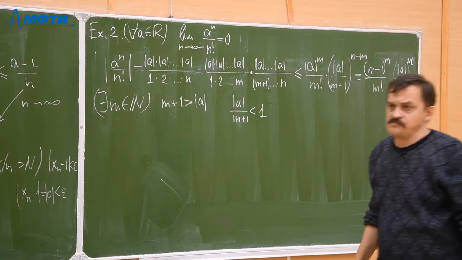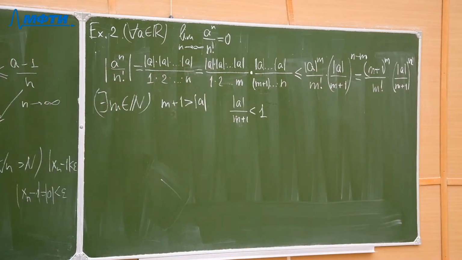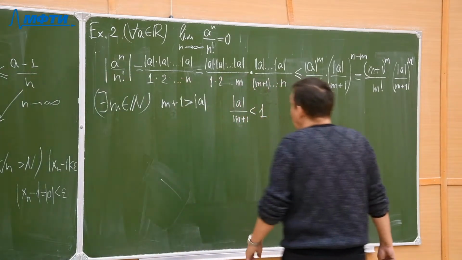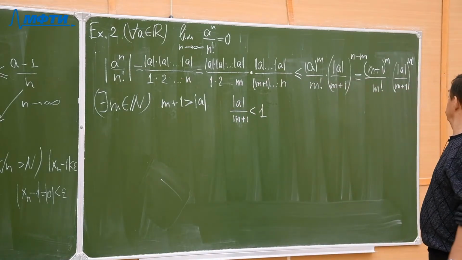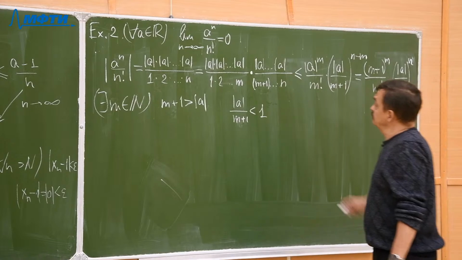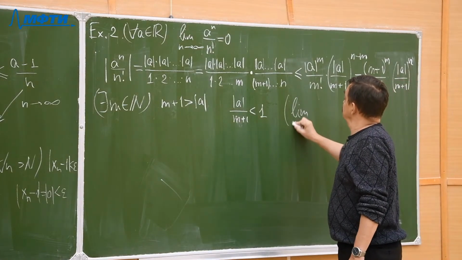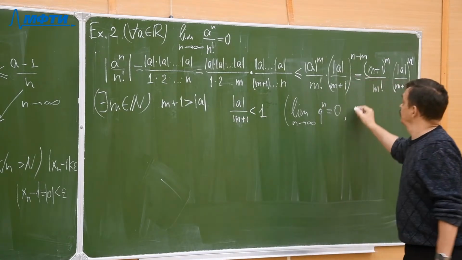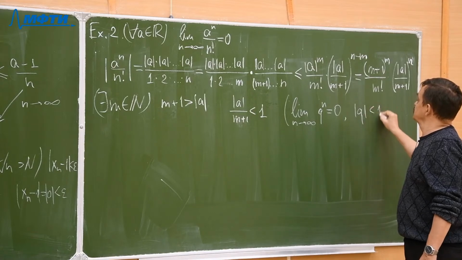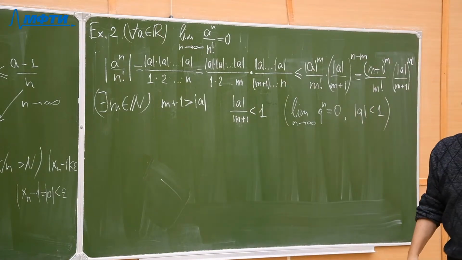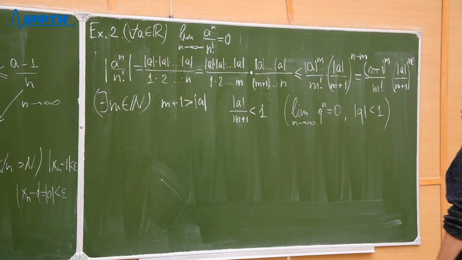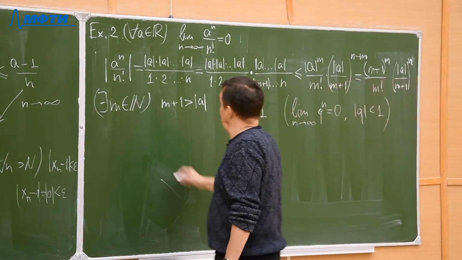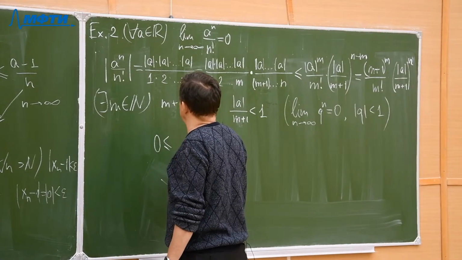and then we can use another limit, q to the power n equals 0, if modulo q is less than 1. Using this example, we can estimate as follows.